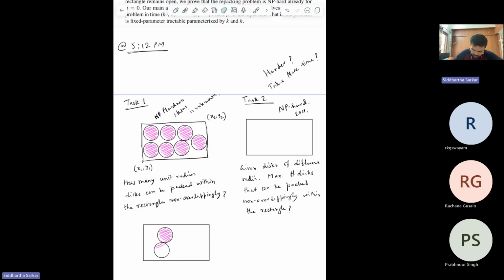Let me draw a few more disks. So a rectangle, and within the rectangle, given some disks. And the question is, can I relocate?